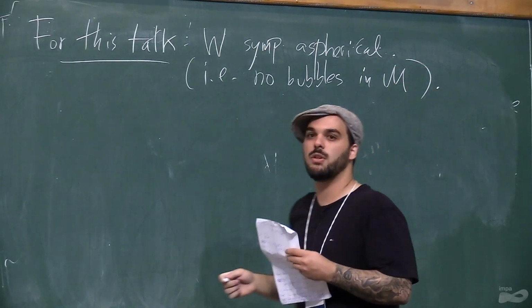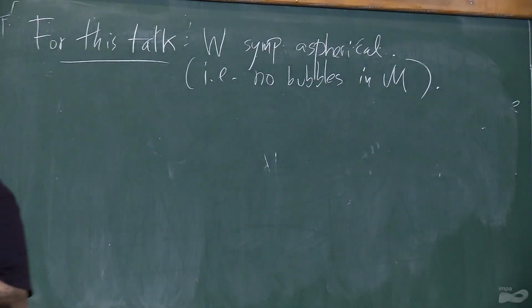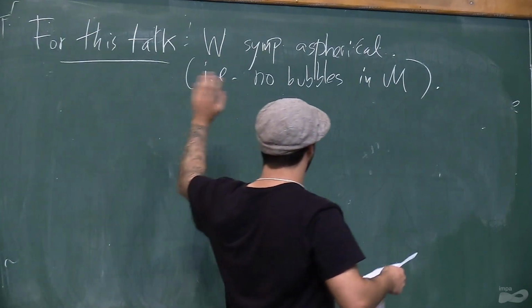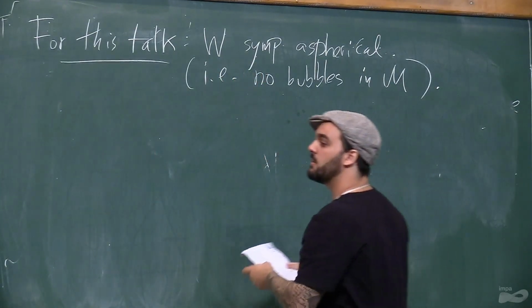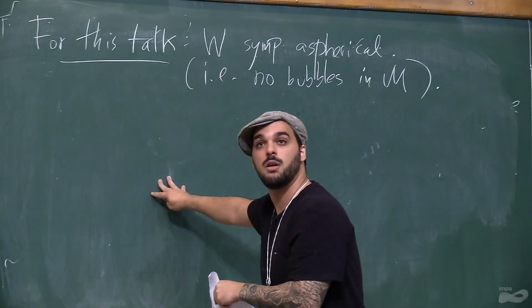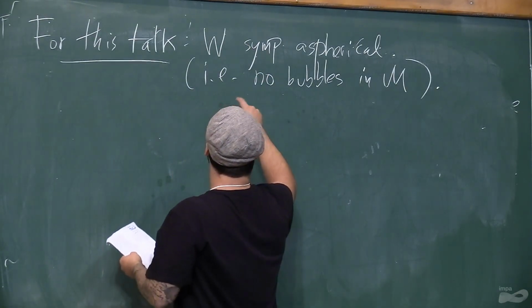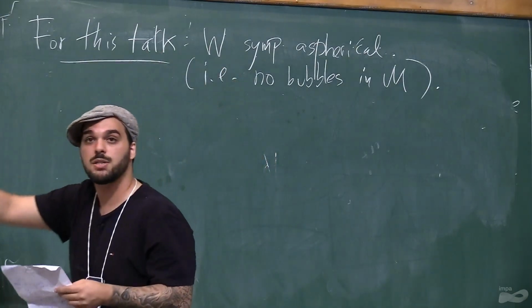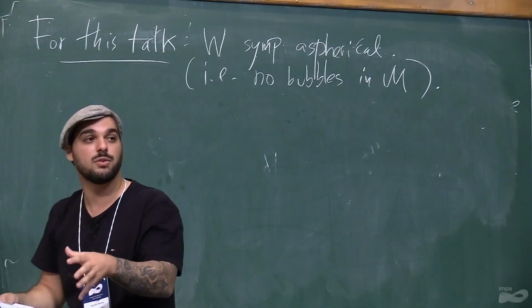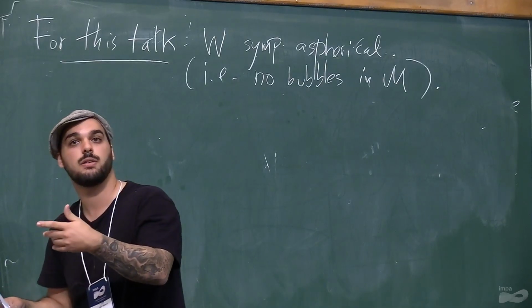This is a severely simplifying assumption. We actually proved everything originally in the symplectically spherical case, and then suffered a long time with bubbles, which can be multiply covered and so on. So the theorem is actually proved in the general case, but in this case, the results that you get are actually stronger. Let me also mention that in the application, we also, in some sense, classified symplectically spherical things.